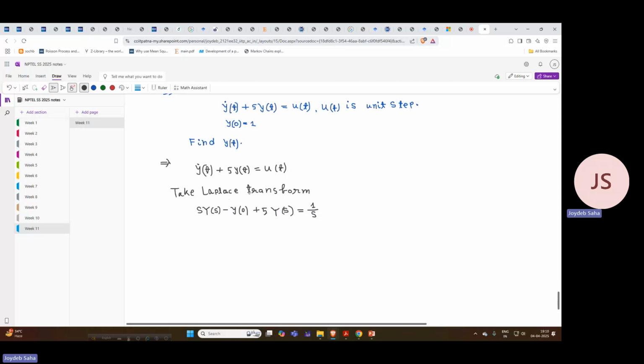Now, what we can do from here? Let us put the value 1. So, s y of s minus 1 plus 5 of y of s is equal to 1 upon s.